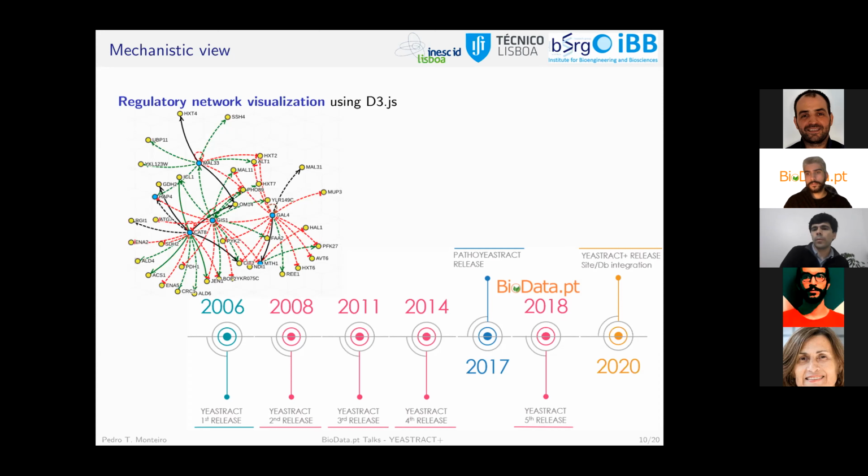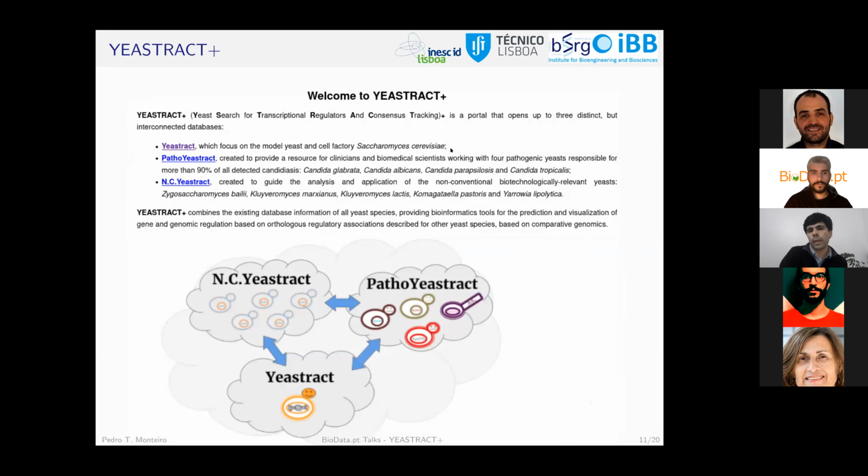And we did a release where we now have 10 species. All the species: YEASTRACT, the classical one for Cerevisiae, PathoYeastract for the pathogenic yeasts, and non-conventional yeasts, which have biotechnology interest.